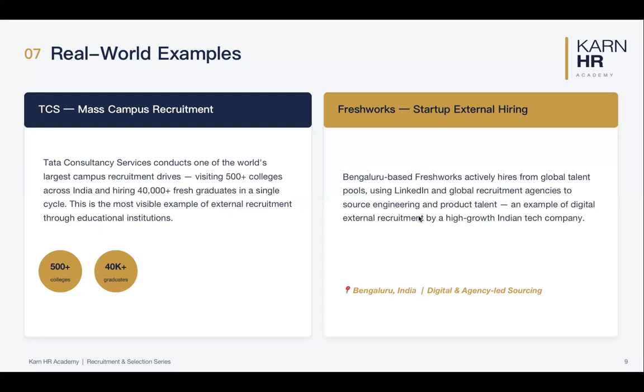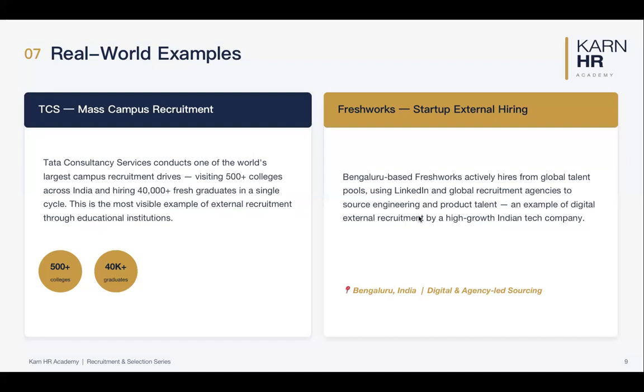The next is Phrasworks, a startup. It uses modern external recruitment methods to attract experienced professionals and specialized talent. It recruits through LinkedIn, recruitment agencies, global talent sourcing, and digital recruitment campaigns. This is external recruitment because it hires candidates from outside the organization, often from different companies, cities, and even countries.